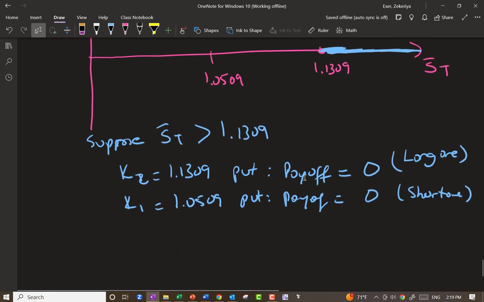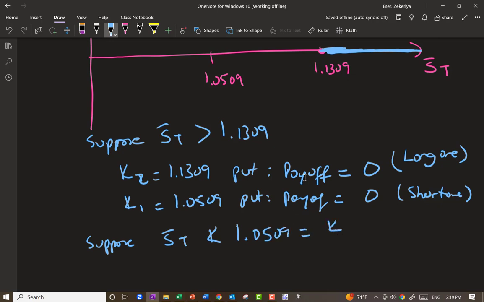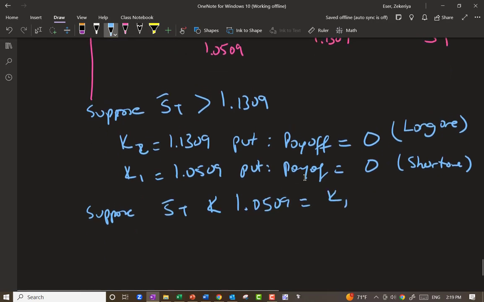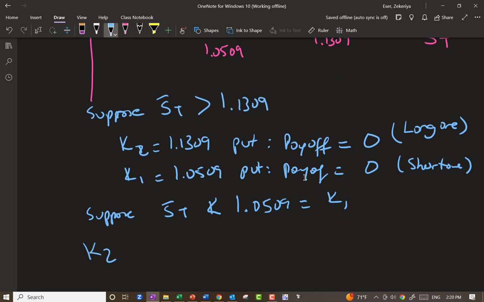Now let's think about the case between $1.0509, which is K1, and $1.1309. So the payoff of this is going to pay off 1.1309 minus S bar T. This is the long.